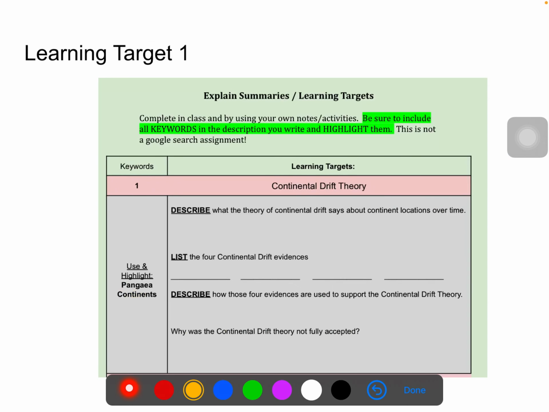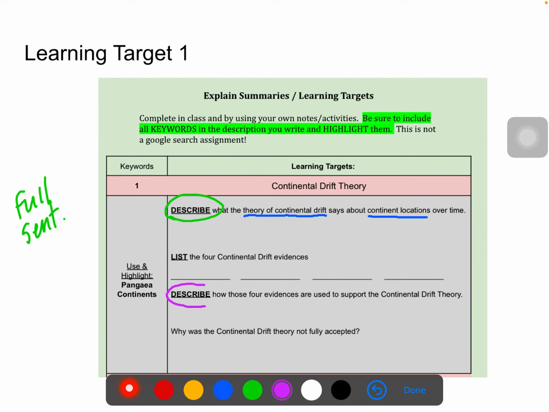Looks like this. Just a quick reminder, with learning targets, we're thinking about a couple things. Wherever you see these describes, reminder, we're thinking about full sentences. So that means you're taking the question, incorporating it into your answer, so it's not just 1 or 2 words, right? So starting with part of the question, like maybe continental drift theory states continent locations have, and then give that big idea.